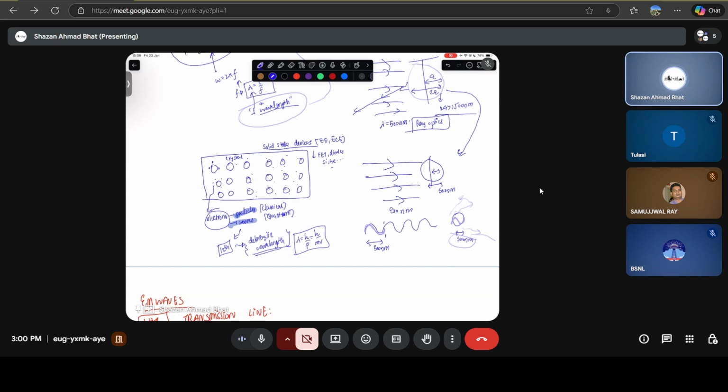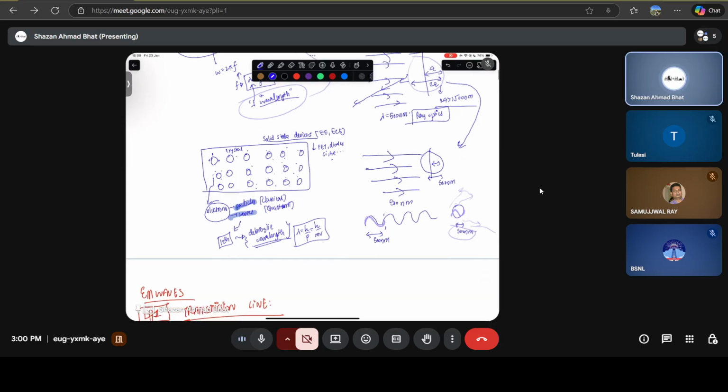Okay, you remember this. So if the size of the system, let's say the distance between two atoms, the lattice constant a, and you compute the wavelength of the electron, it comes out to be of the order of 5 nanometers. Mostly it depends upon the system.